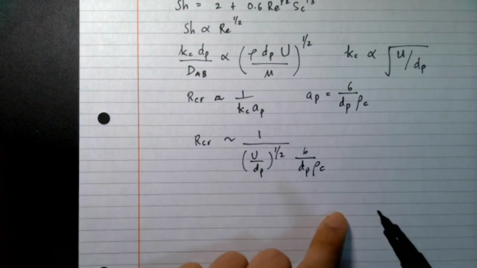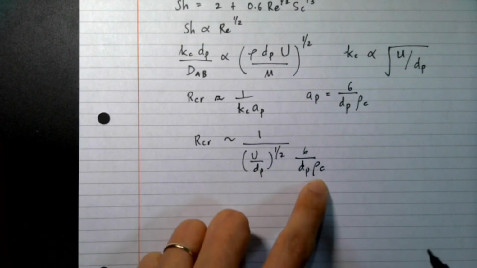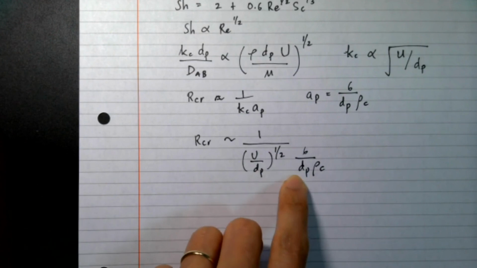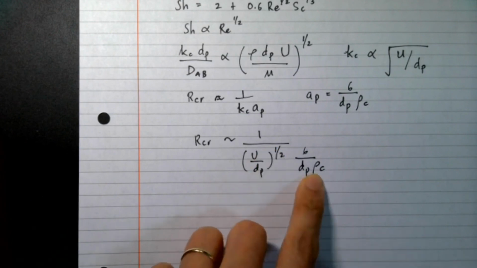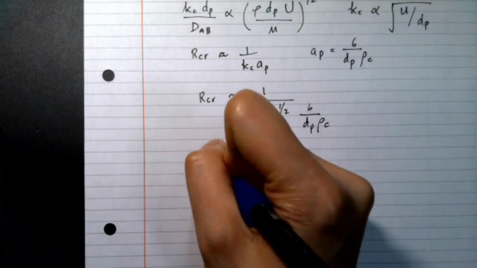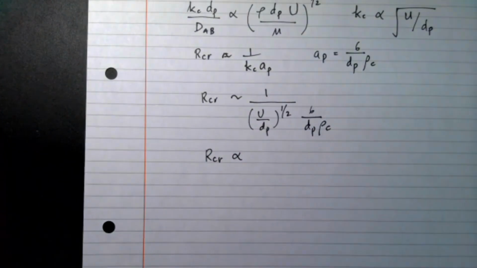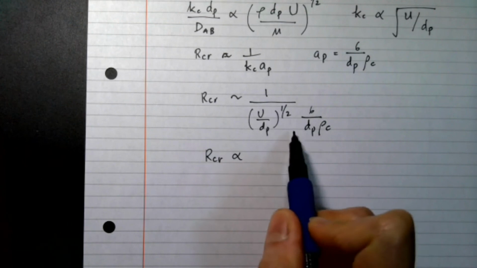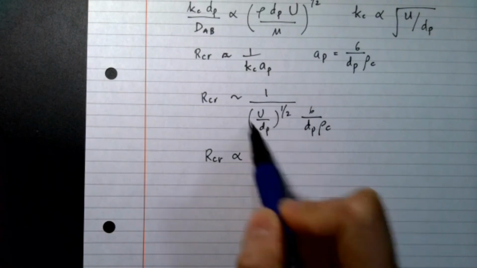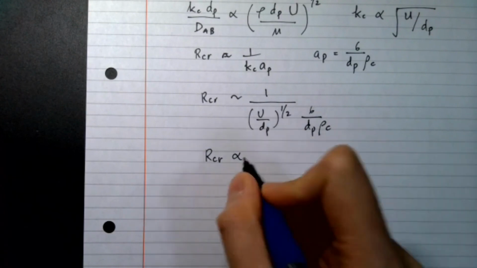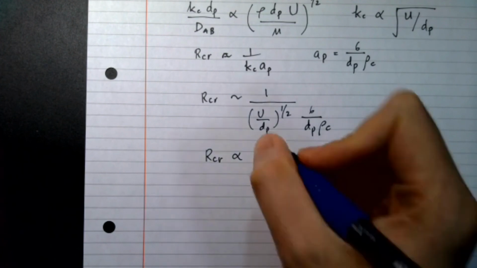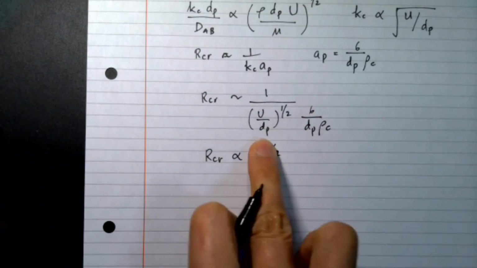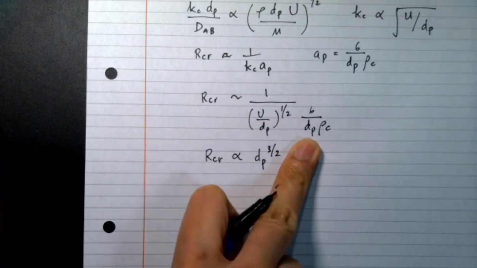So we have dp raised to 1/2 here, and then we have dp here. RCR is proportional to, since this whole term is in the denominator, dp raised to 3 over 2, because you have 1/2 here and 1 here.